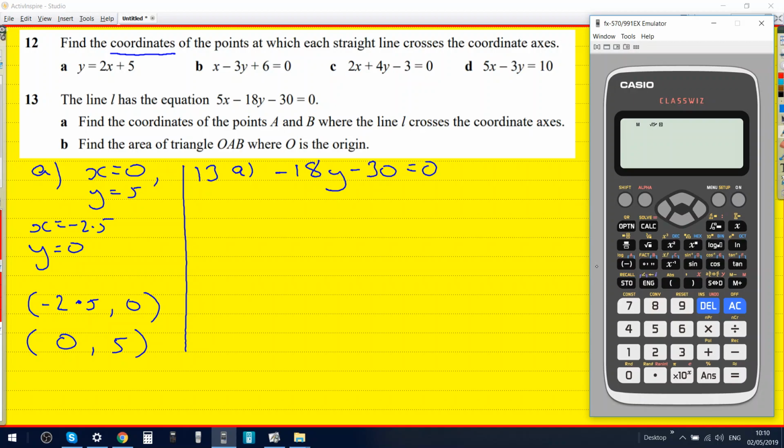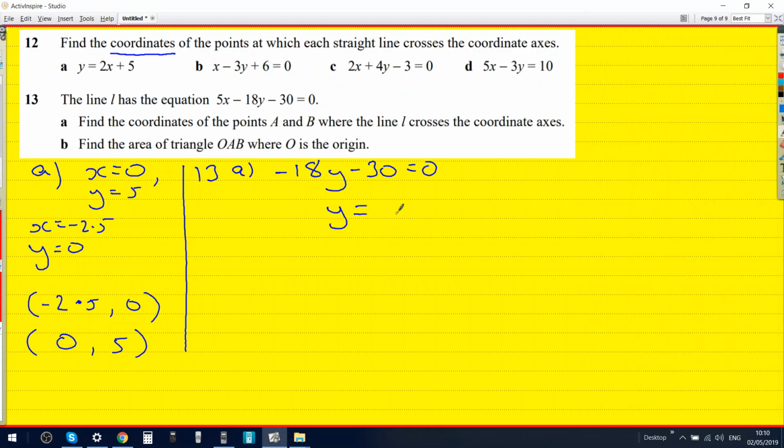So minus 30 over 18. Is it minus 5/3? Yeah.